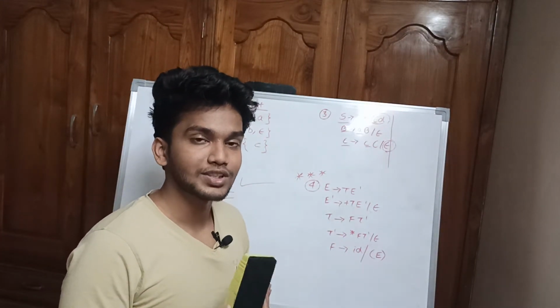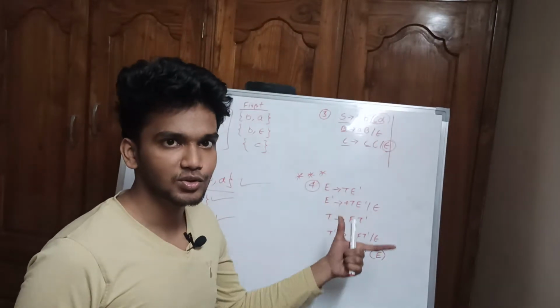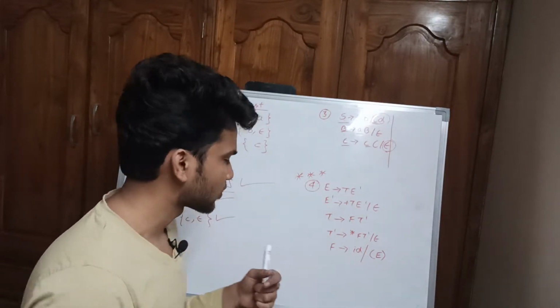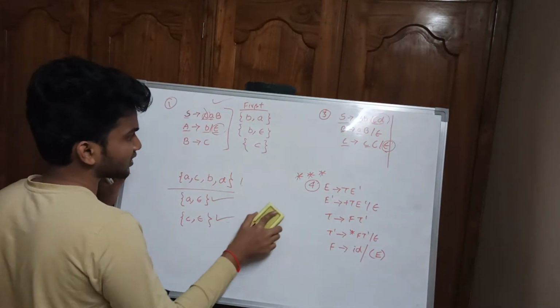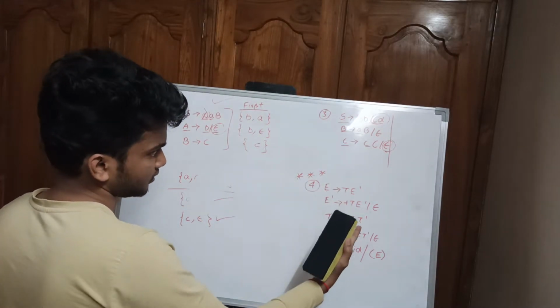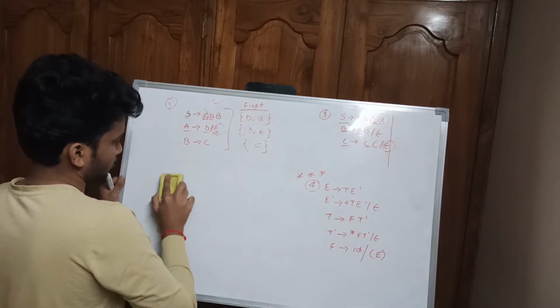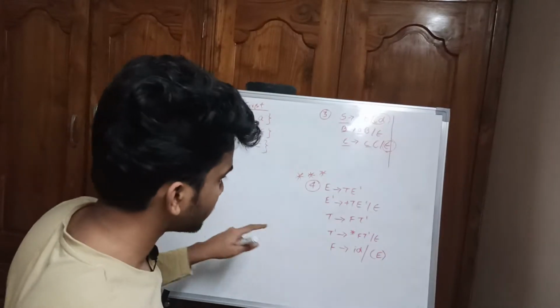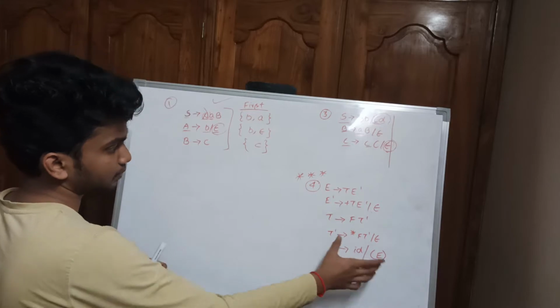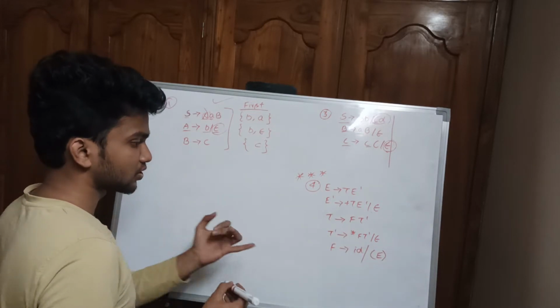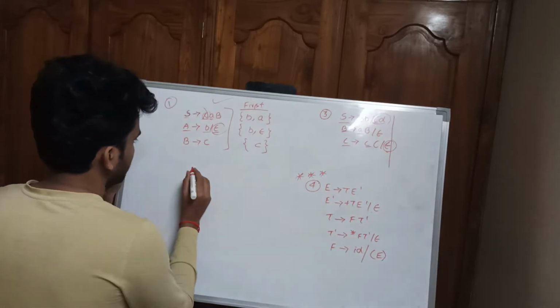So the books and the questions would not change, and this could be asked in examination. So focus on this, because we have to construct a parse tree for this, and for the LL1 parser we will construct the LL1 table for this, and for that you should calculate First and Follow.